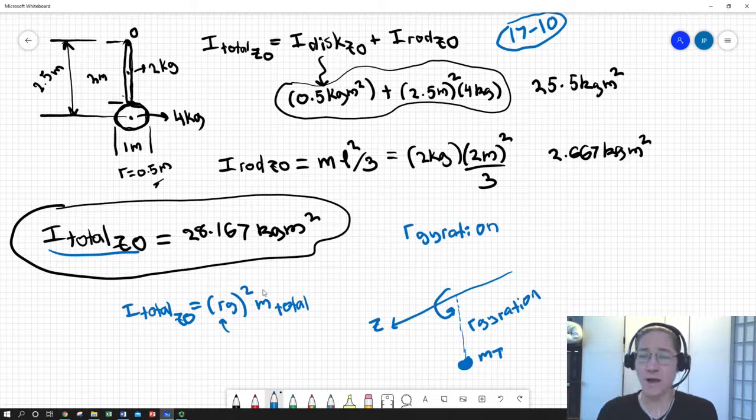Okay, so I believe problem 17-10 says, what is the radius of gyration? Well, having calculated our total moment of inertia about the point in question, in the direction in question, the z direction, and we know the mass total is 2 kilograms plus 4 kilograms is 6 kilograms. All we have to do is some simple algebra.